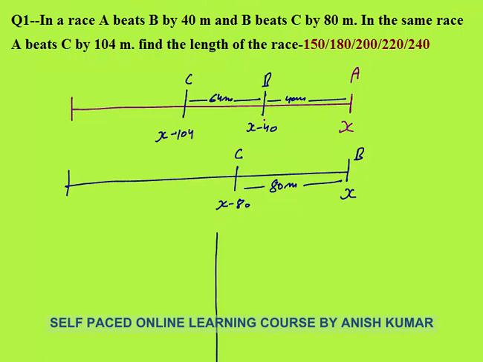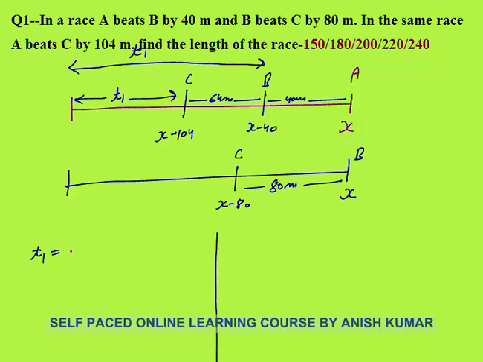In the first scenario, B and C, in the time t1, because all started simultaneously, in the time t1, B covered x minus 40. In the same time t1, C covered how much? X minus 104. So time t1, time is distance upon speed.